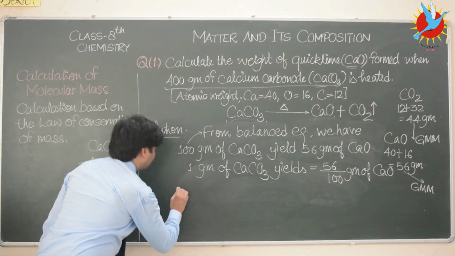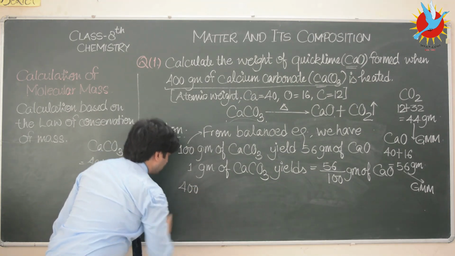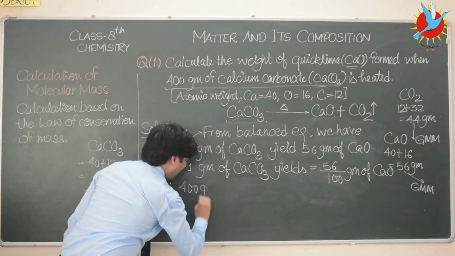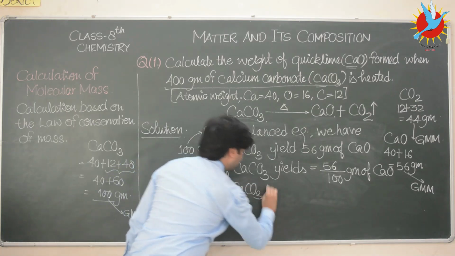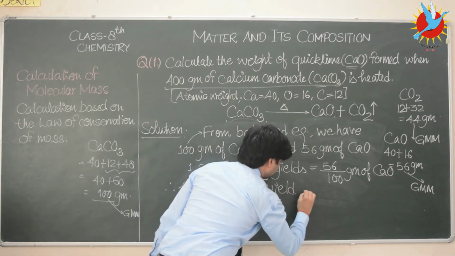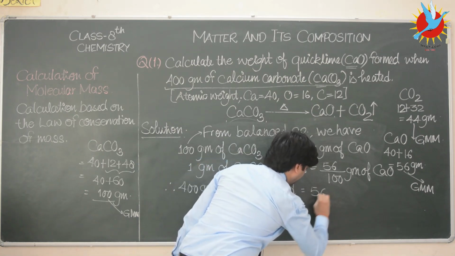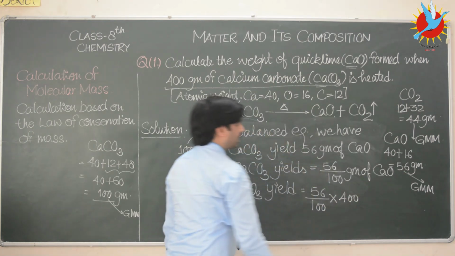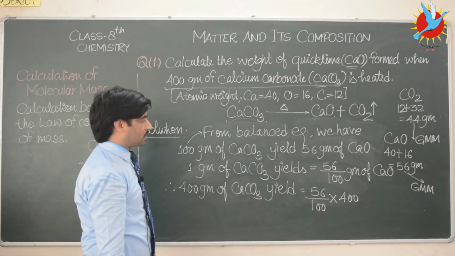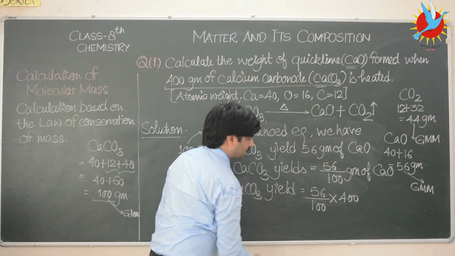Now we have to write, so 400 gram of calcium carbonate yield 56 divided by 100 into 400 gram of calcium oxide. Now we have to solve this.